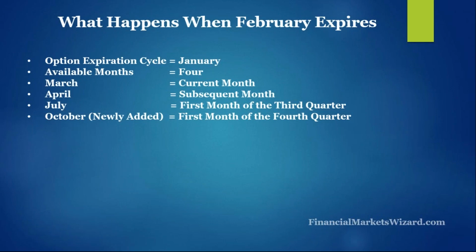April was there because of the option cycle, so April became the subsequent month. July was there before because of the option cycle, but now we have only 1 month from the option cycle, so they will add October as another month, because October is the first month of the fourth quarter, so newly added. So when February expires, you will see March, April, July, and October, these 4 months listed.